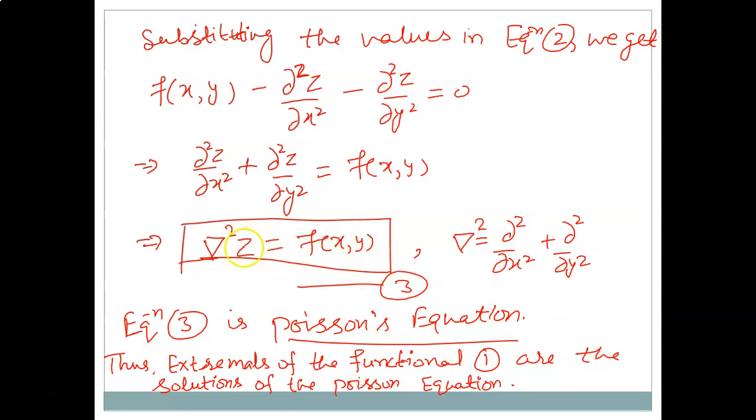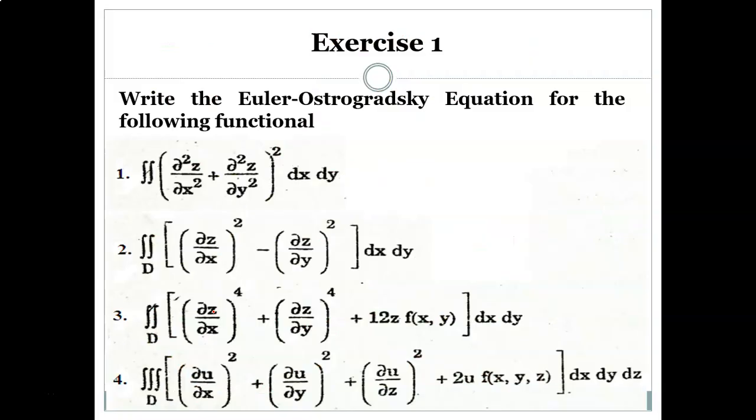So whatever function z of two variables satisfies this equation will be an extremal for this functional in this case.